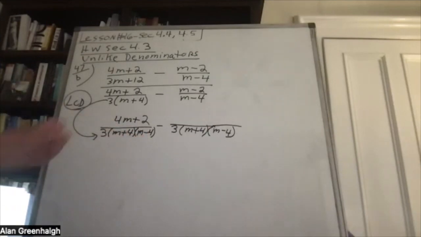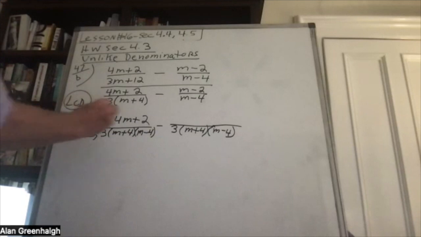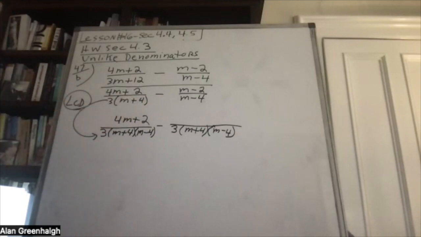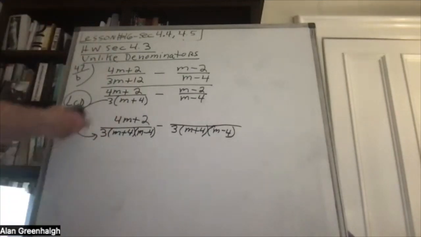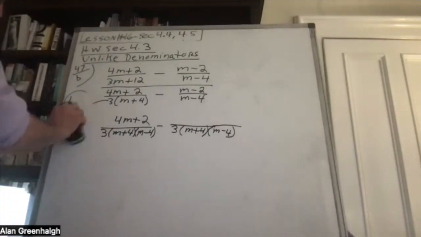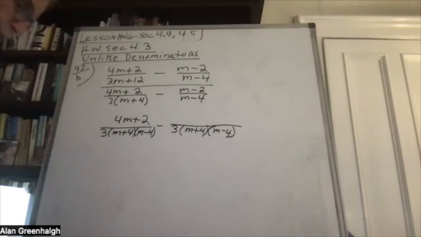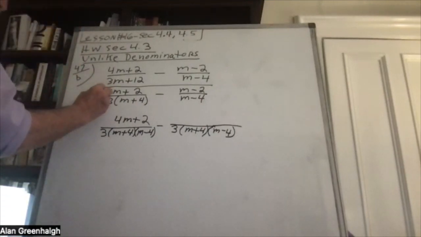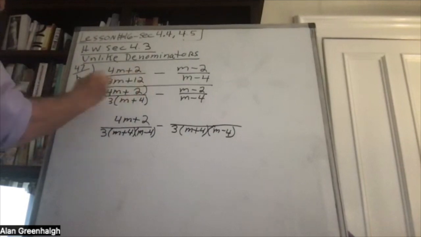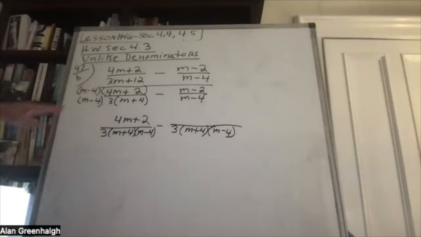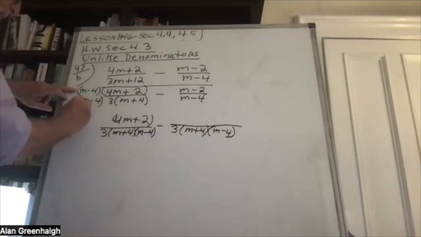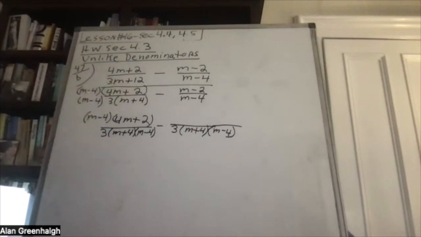So therefore, we have to multiply. How shall I do this? Do this in such a way that we don't confuse everybody. So in other words, this is what we're doing. We're multiplying by m minus 4. So that will give us that denominator. And then over here, we have m minus 4 times 4m plus 2.